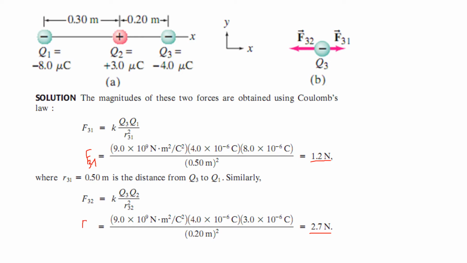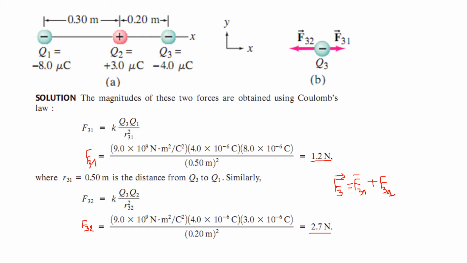We are not done. What we calculated now are the individual forces that each of charge 1 and charge 2 exerts on charge 3. Remember, our task here is to find the resultant force on charge 3, which is equal to the force on charge 3 due to charge 1 plus the force on charge 3 due to charge 2, sorry.